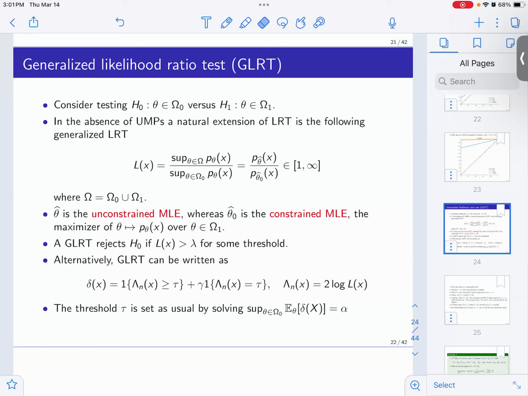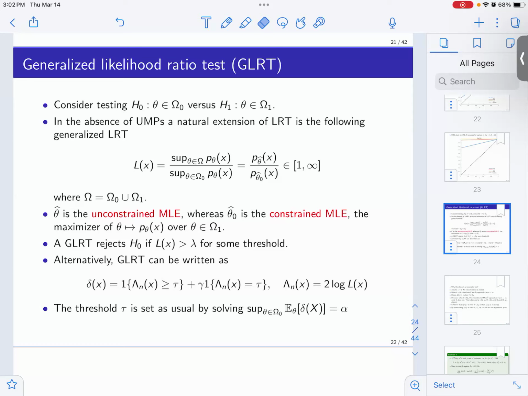So the idea is that I have a composite hypothesis. And this is a form of the likelihood ratio between two different parameters. I don't have a specific parameter. I'm going to look at the maximum of p_theta(x) divided by the maximum of p_theta(x) over omega naught. So this maximizes the likelihood over the entire parameter space. This maximizes over the null. So the ratio of the maximum likelihood to the maximum likelihood over omega naught.